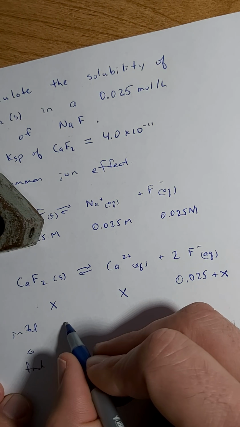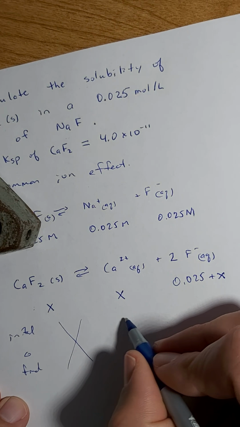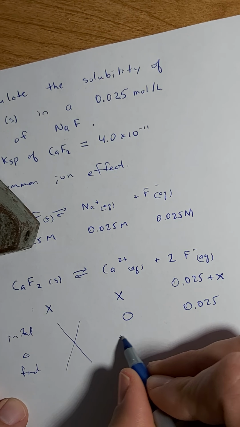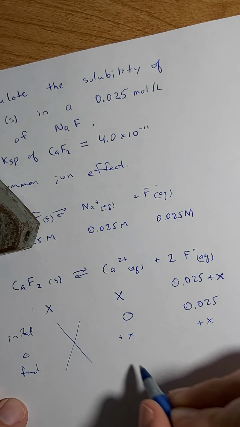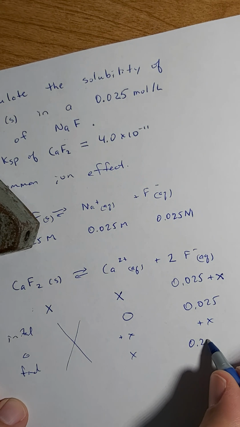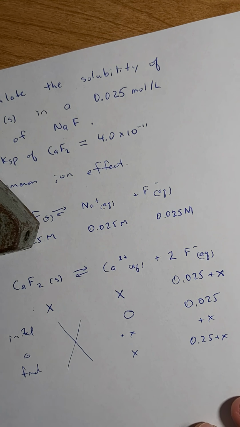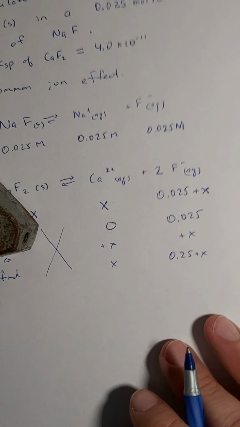Initial, it doesn't really matter about this guy because it's a solid. Initial, I have 0 here. I got 0.025. How much will I make of this? X and X. 0.025 plus X. So that's how I'm getting that line that I wrote there.